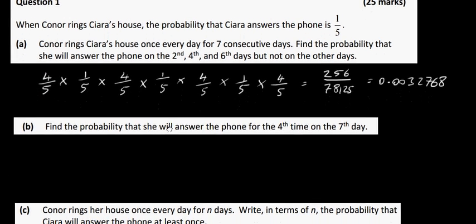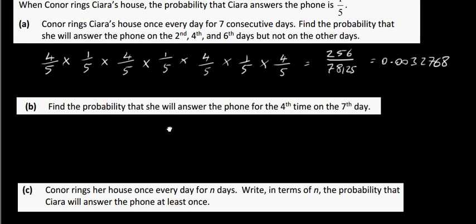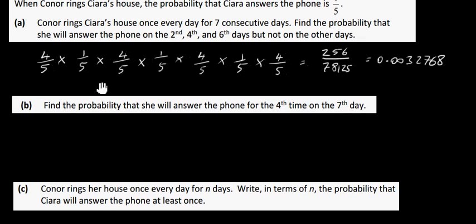Find the probability that she will answer the phone for the 4th time on the 7th day. The 4th time on the 7th day. So this is going to be a Bernoulli trial, and it's kind of an extended version of the Bernoulli trial. She has to answer the phone for the 4th time on the 7th day.